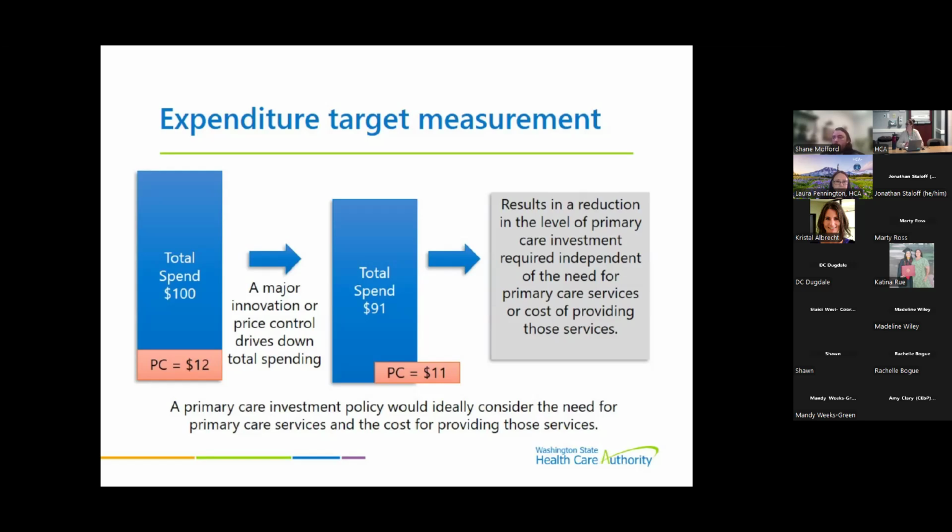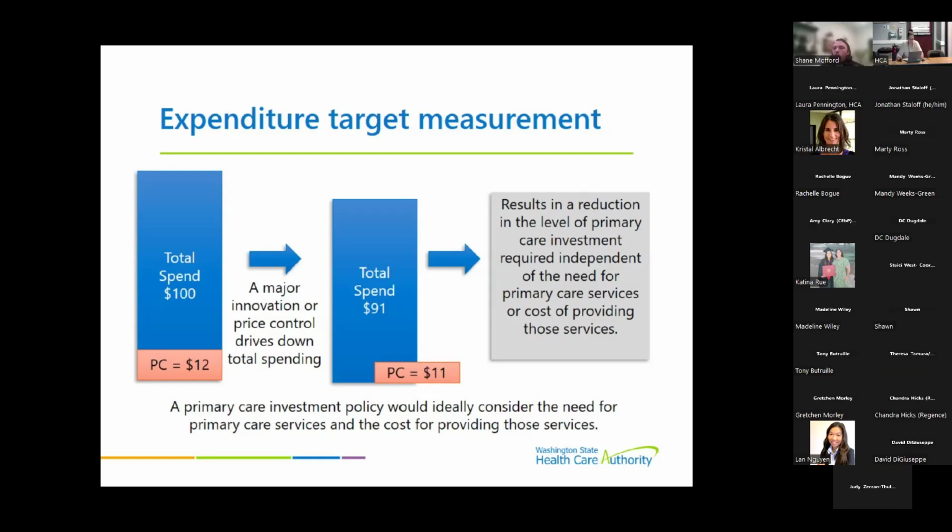The 12% expenditure target will unambiguously drive investment in primary care. However, we know that having an index to total spend has the risk of having really a spurious relationship between primary care investments and actual need in primary care investment.